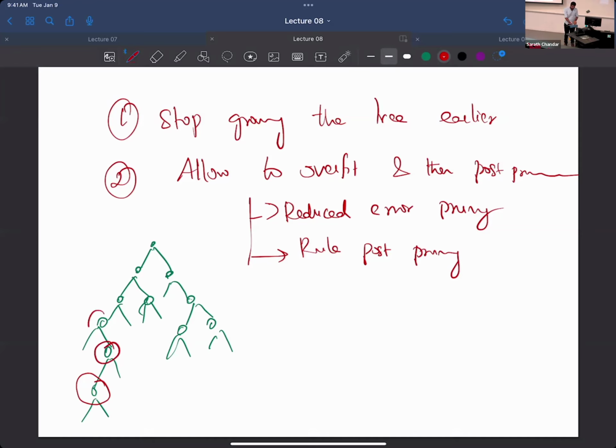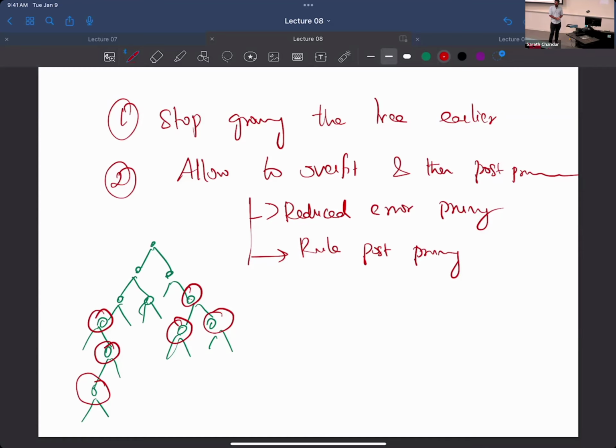Then I'm going to consider removing this, removing this, removing this, right? So we will remove nodes one after another from the bottom up and see if it is helping with validation performance. And we will stop this process when the validation error is increasing. Is that clear? So this is one way to allow the model to overfit and then post prune.